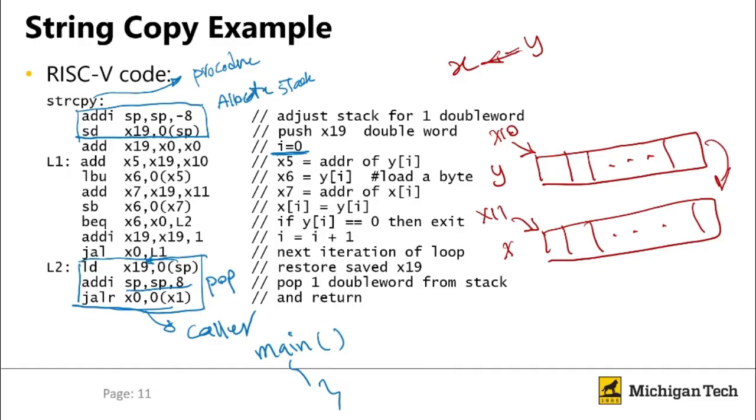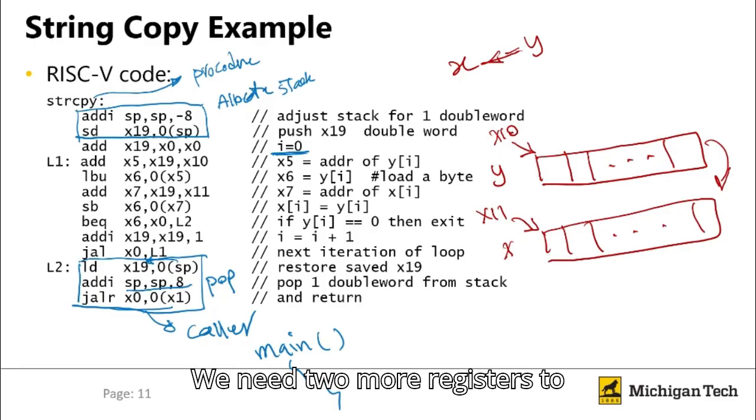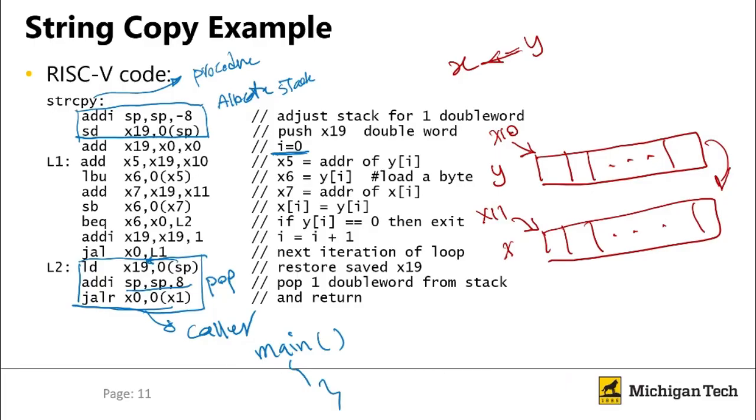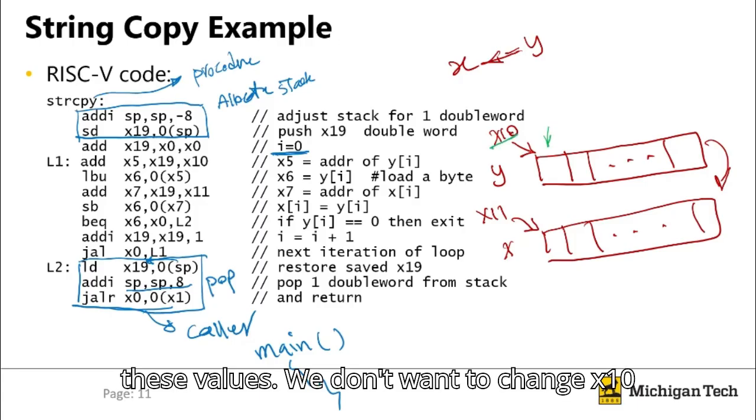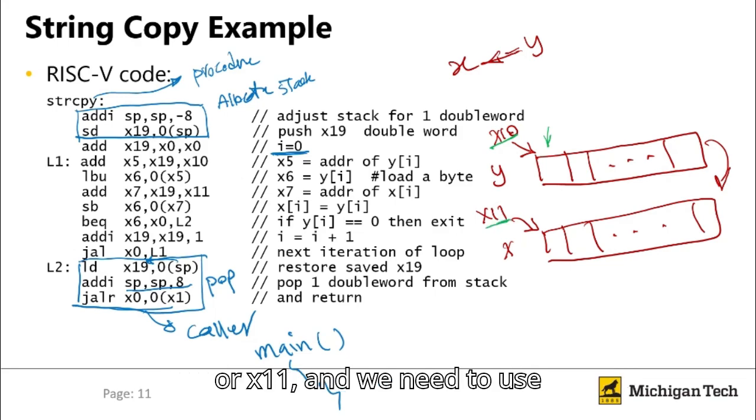Okay, we need two more registers to actually count these values. We don't want to change x10 or x11, and we need to use another kind of pointer to point to this array. Let's see what's happening here.